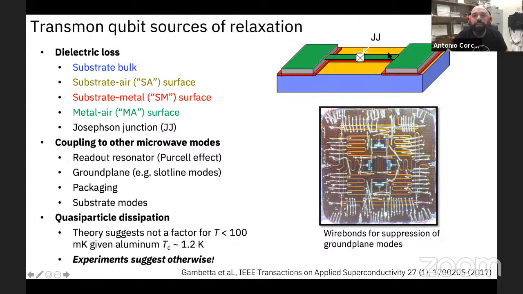And there are different interfaces. You have the substrate to metal, the substrate to air, and the metal to air, and then there is the bulk. And normally the surfaces are what we have found give the most issues because of different disorders in the fabrication process. And one way to mitigate that is to simply make your qubits larger.